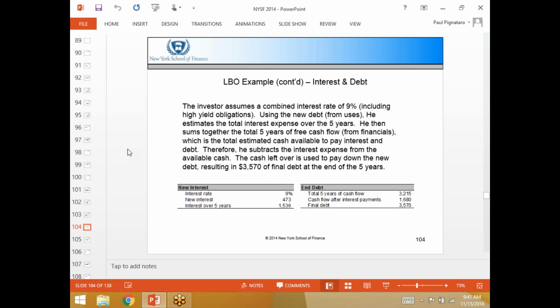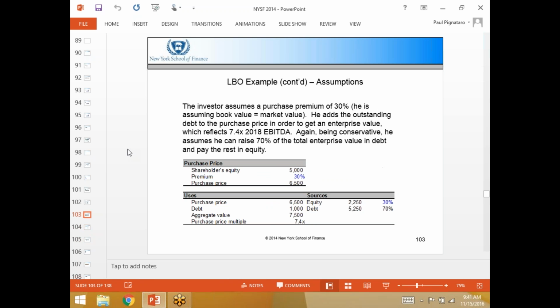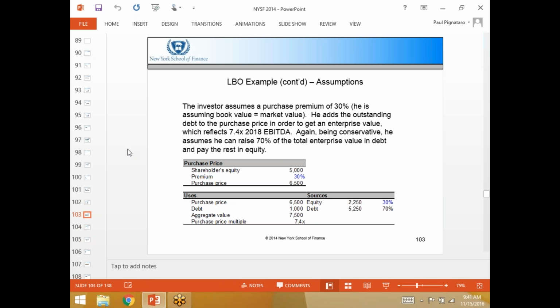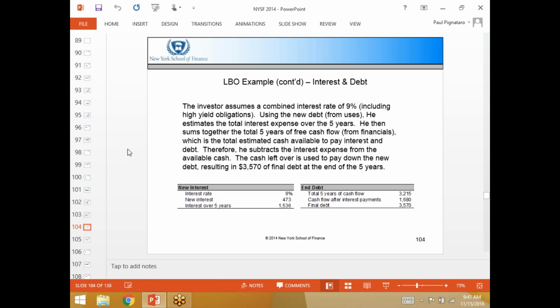Okay? Now what? 30%? But what do you do now? This is the equity value you receive. This is the equity value returned, right? So equity is 2250.